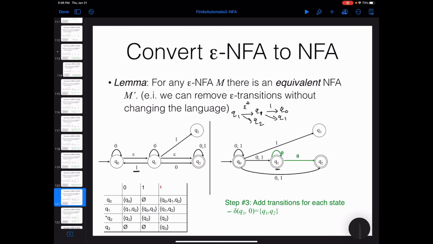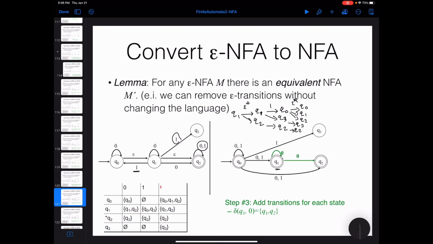Sorry, here is the second one. This is going to be Q3. And here is the last one. Then apply the epsilon transition: Q0, Q1, Q2. This is going to be Q3. This is going to be Q2.